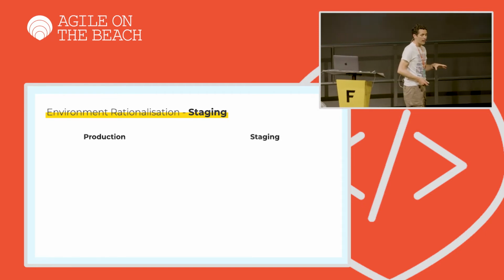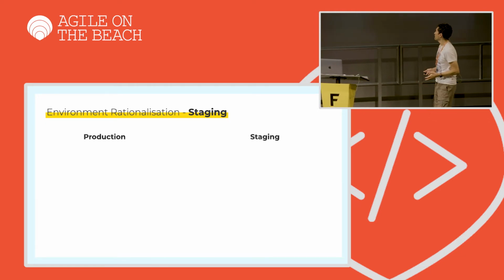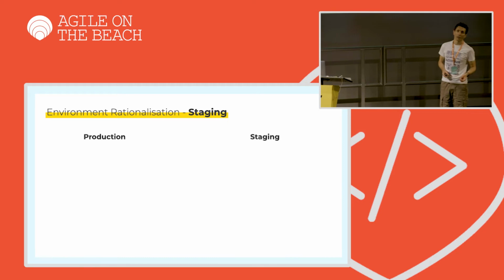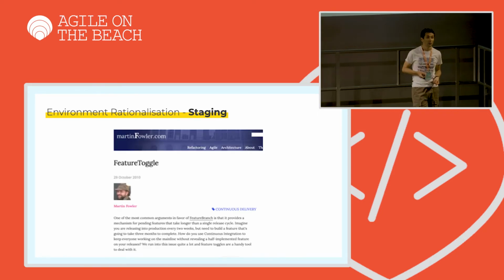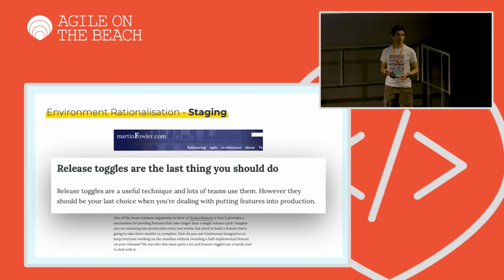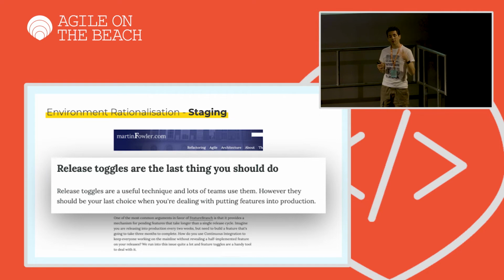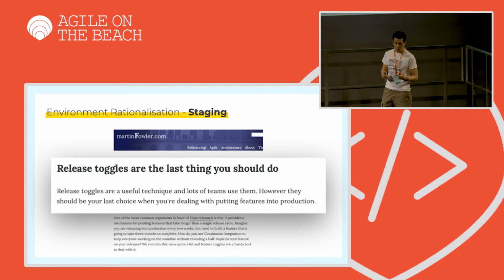Working without feature flags sounds a bit unorthodox at this point, but actually, when you look at the origin of feature flags, here's Martin Fowler talking about them about 12 years ago. He already said back then, try not to do them. And when you start thinking about why you're doing feature flags, you realize that there might be alternatives. Now, some reasons why you might be doing feature flags or feature toggles.